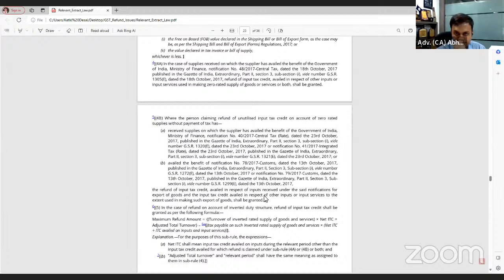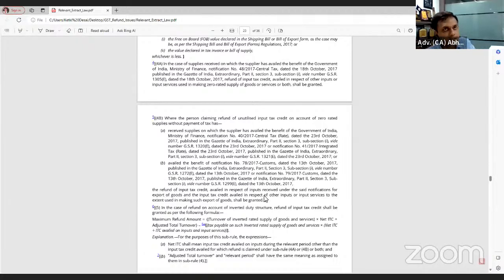But how much? Only in respect of inputs which have been received under the said notification, and in respect of other inputs and input services, the ITC to the extent used in making such exports of goods shall be granted.